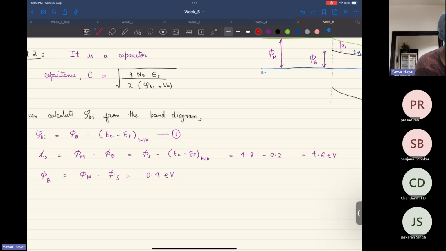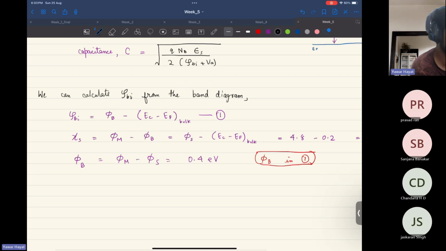Now if you plug this phi b in equation 1, right? If you do this, you'll get the following.